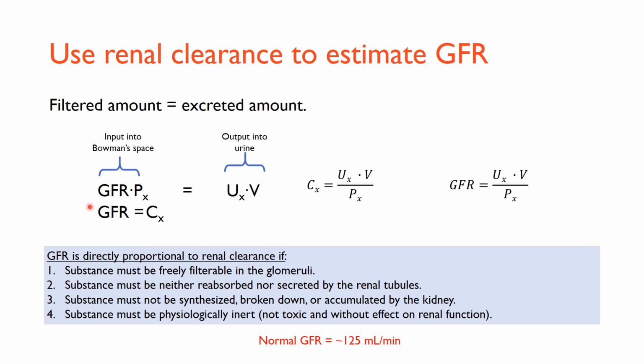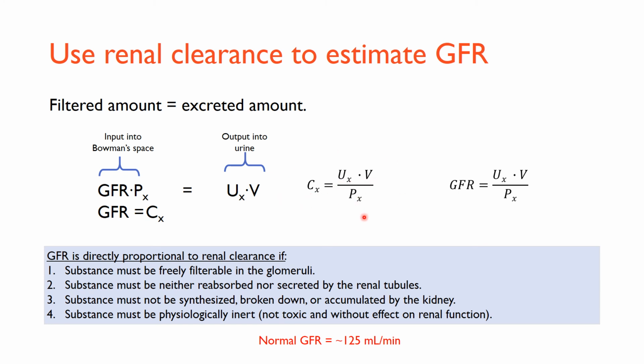Now, assuming glomerular filtration rate is the same as clearance, if certain conditions are met, GFR equals C, you can substitute C for GFR and rearrange your equation. So instead of GFR, you put a C, you get C times P equals U times V. Rearrange and you get your famous clearance equation, C equals U times V over P.